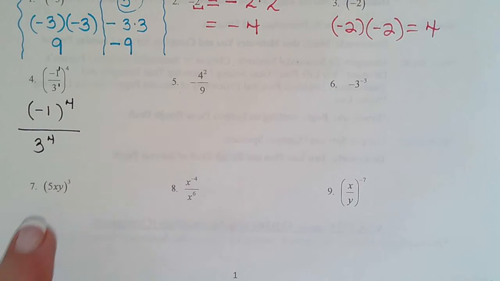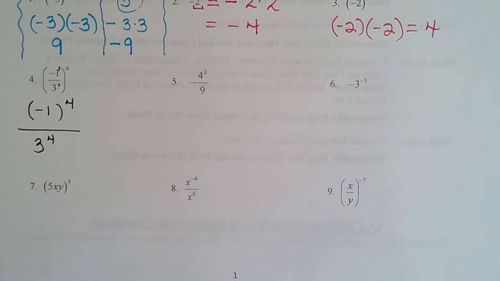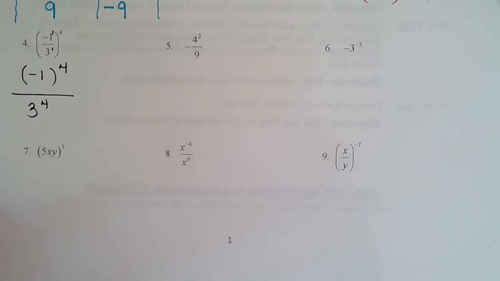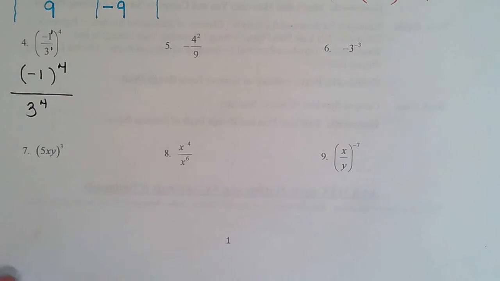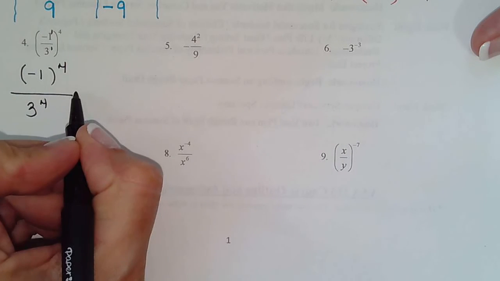Some students would rather write negative 1/3 times negative 1/3 times negative 1/3 times negative 1/3, and you would get the same answer. So this is just using the properties above. Because I know you all know how to multiply, I'm using the exponent rules, but we would get the same answer.